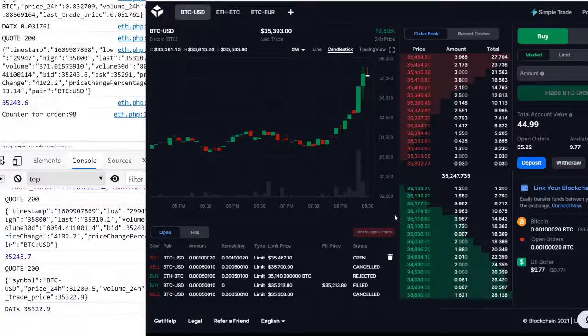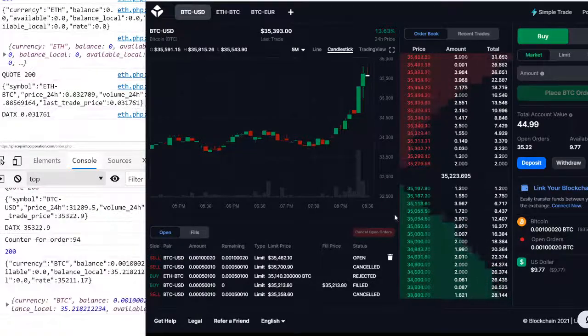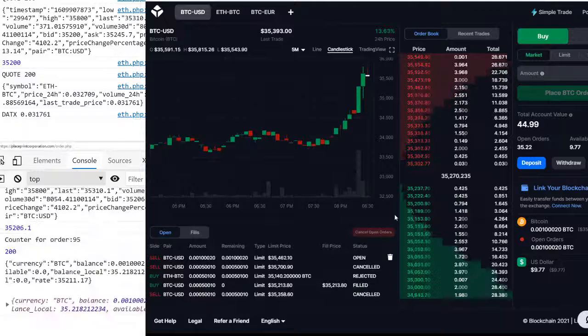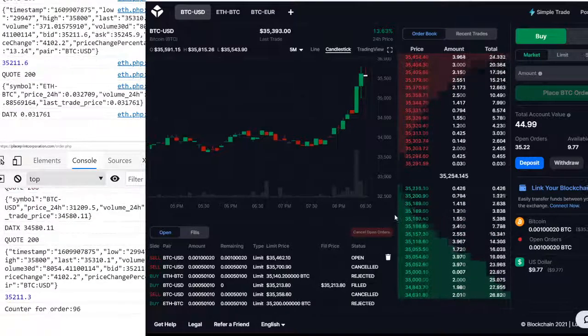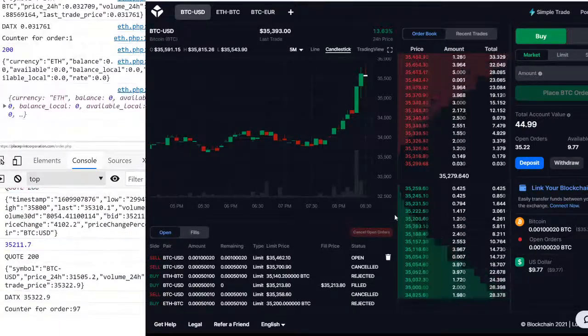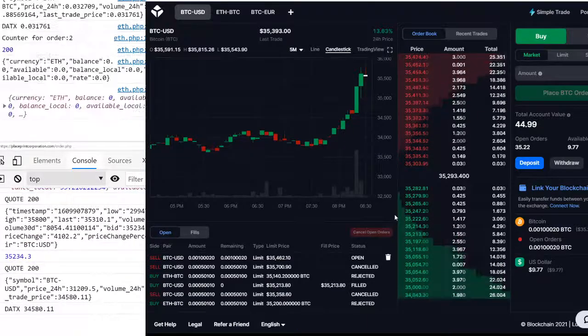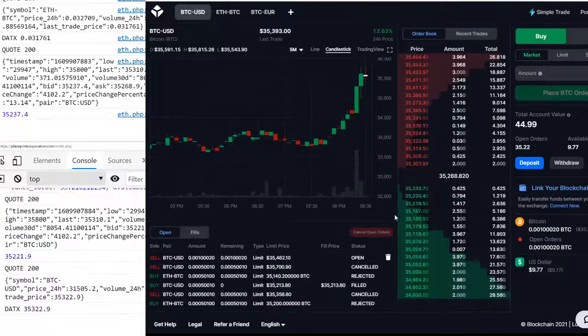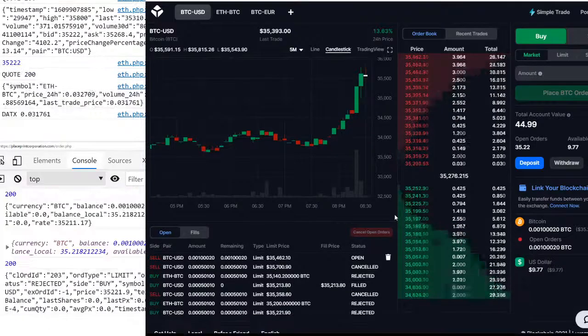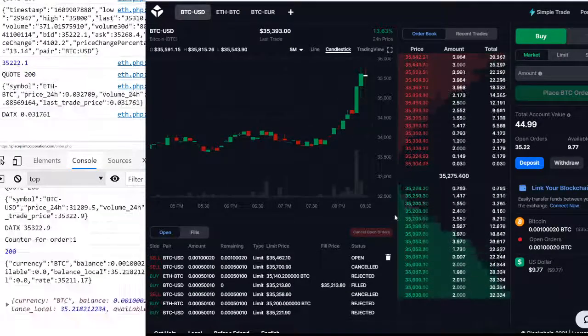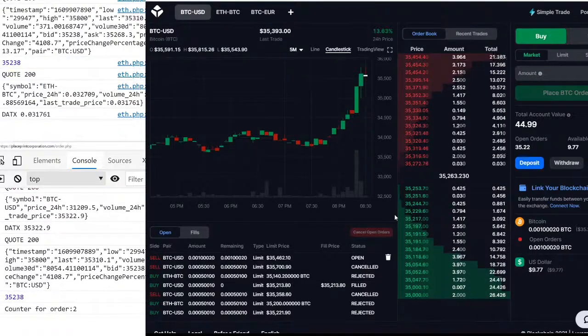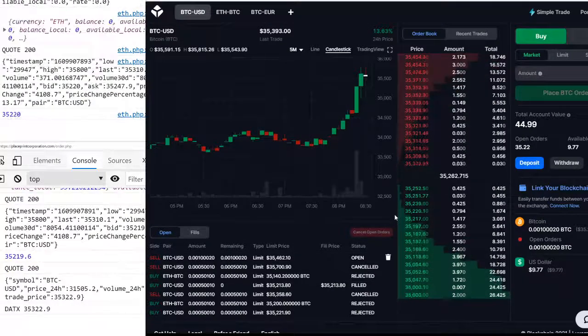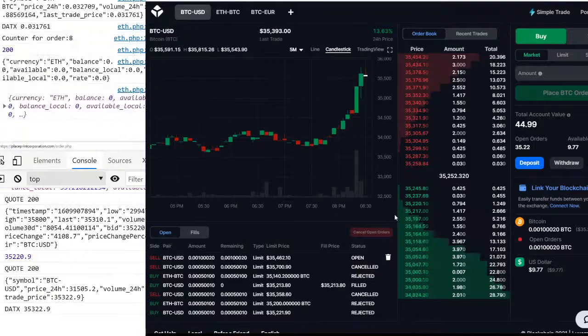Basically, it's looking to take both of them off the table at 35,462 instead of having them split up, and that is interesting. It's very interesting because it just moved the instrument. But we're going to have to wait and see if we can get filled there. I think it should be okay.